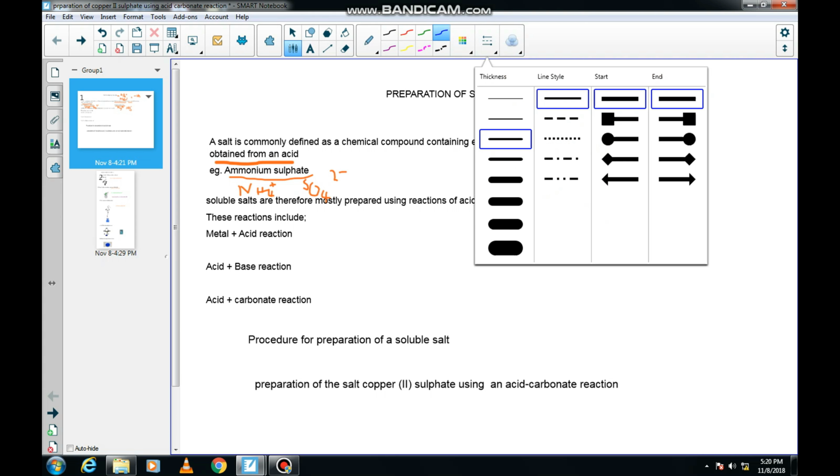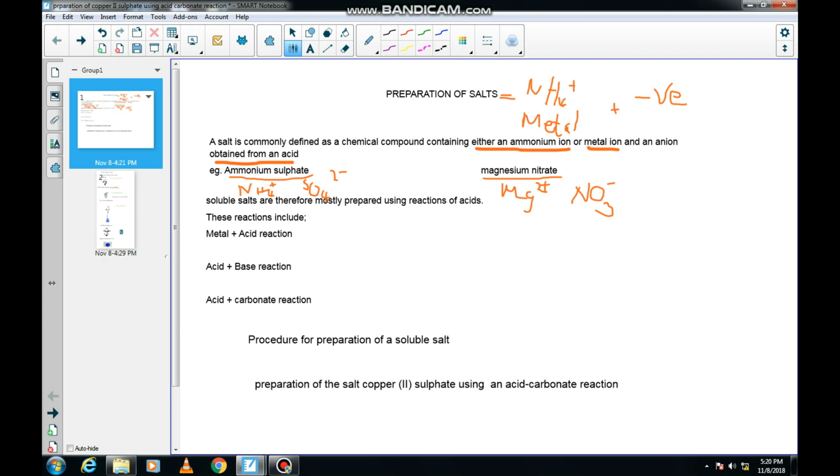The NH4+ in ammonium sulphate is an ammonium ion, and the SO4 2- ion is obtained from sulfuric acid, and the magnesium ion in magnesium nitrate is a metal ion, and the nitrate ion is obtained from nitric acid.